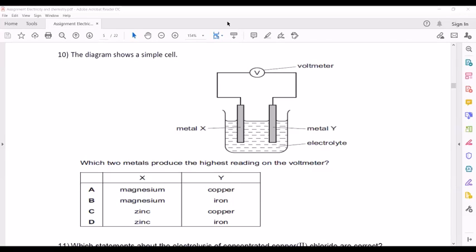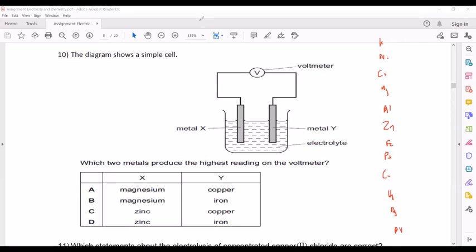So you have to again set up a reactivity series: potassium, sodium, calcium, magnesium, aluminum, zinc, iron, lead, copper, mercury, silver, gold, and platinum.